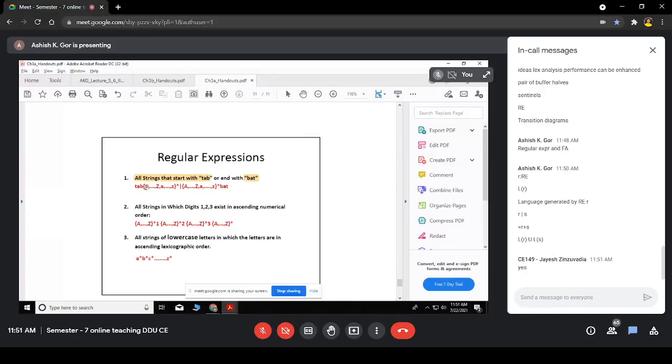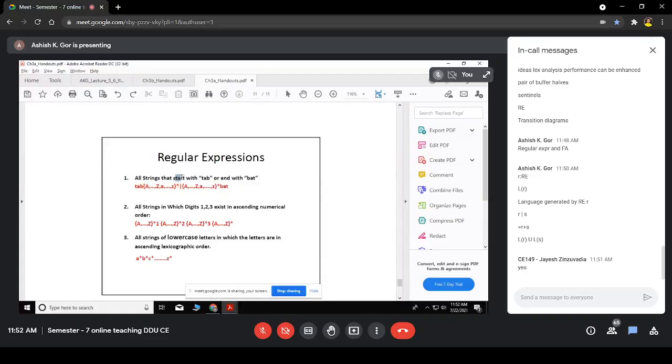First I want to write a regular expression for all strings that start with tab. First it should be T-A-B, then it could be anything, A to Z or small a to z, star, meaning any combination of alphabet.